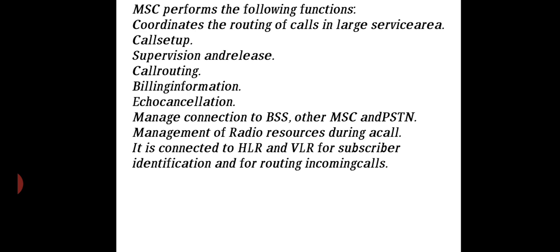Next it provides call setup, supervising and releasing, call routing, billing information, echo cancellation, and manages connections to BSCs, BSS, other MSCs and the PSTN. As we saw in the previous figure, all the mobile stations are connected with the BTS, the BTSs with the BSC, and the BSC is connected with the MSC.